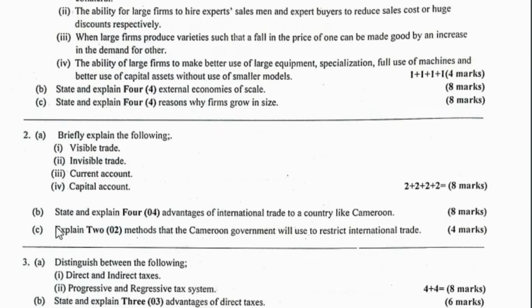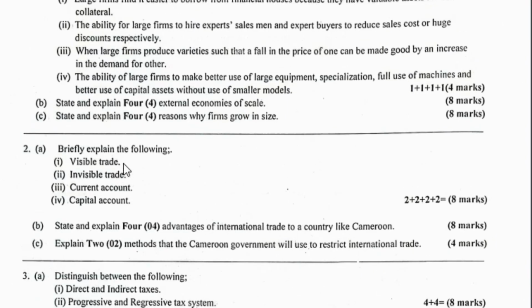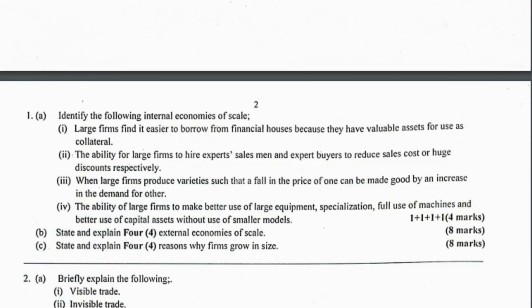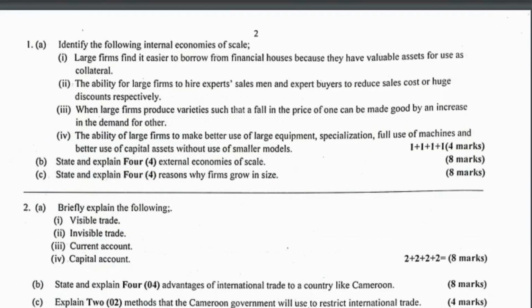Then the B side says state and explain 4 advantages of international trade to a country like Cameroon. C, explain 2 methods that the Cameroon government will use to restrict international trade. So we are going to do question 1 and question 2, and I will give you all the answers for this. So we'll continue with the next video on question 3 and 4.